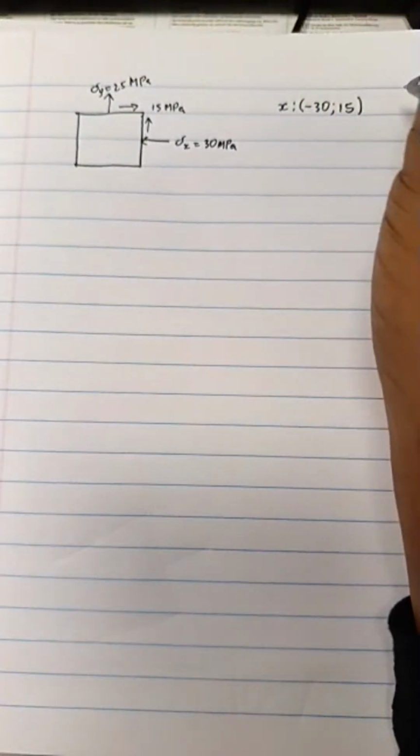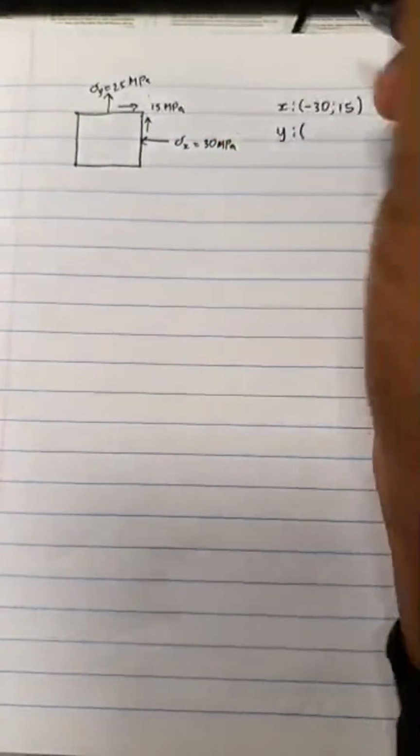Now this is rotating, it's going up, that means it is rotating anti-clockwise, so it's positive. So it's about 15, that is positive, that is for x. I hope it makes sense. Then say y. For y, we have that being tensile, that means it is positive, so 25 is positive.